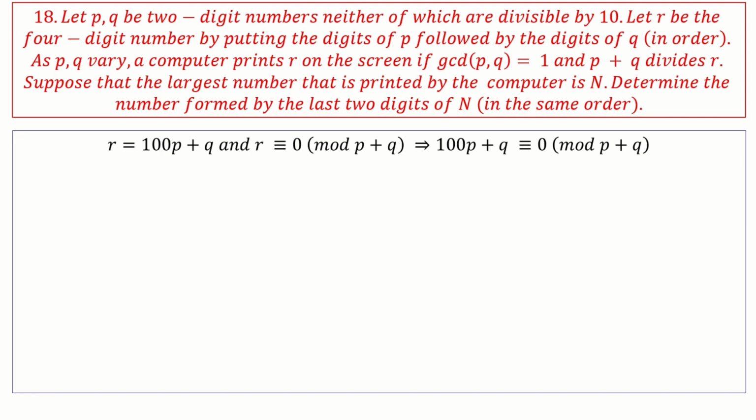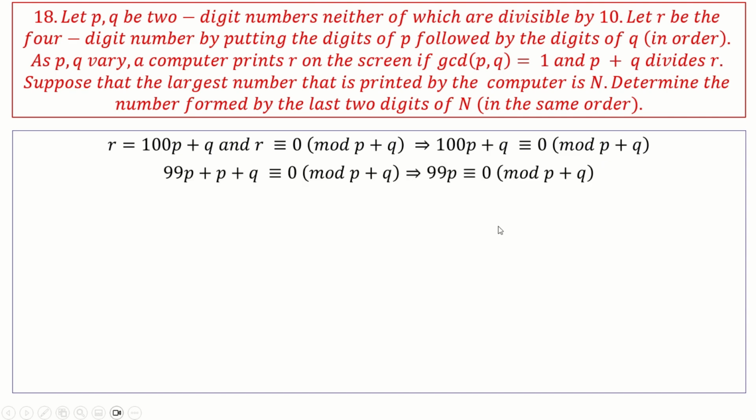So r congruent to 0 modulo p plus q. This implies 100p plus q is congruent to 0 modulo p plus q, right?